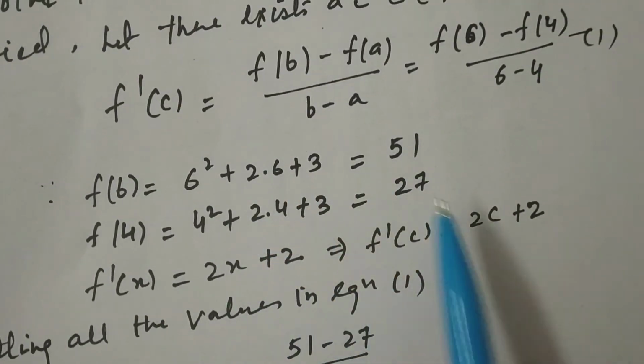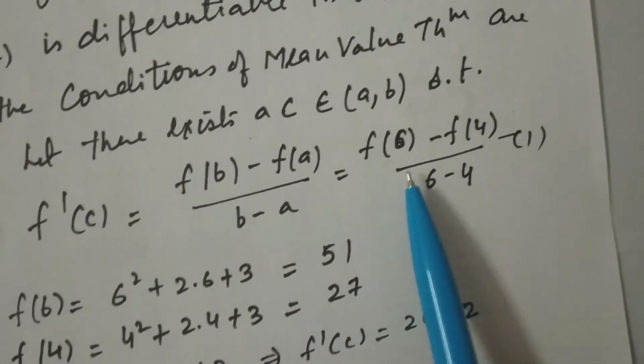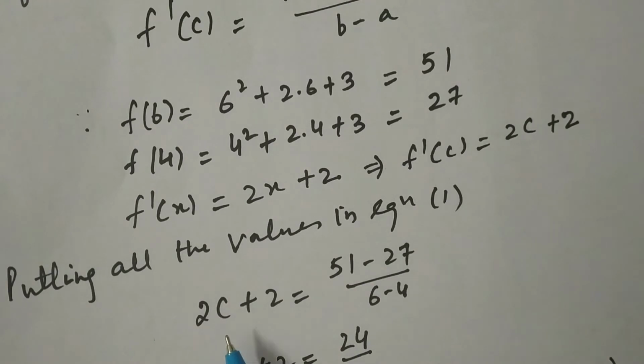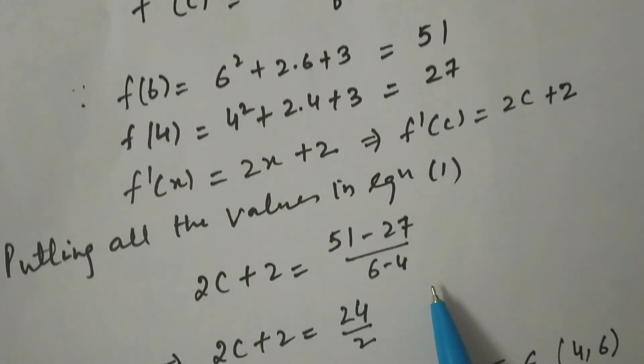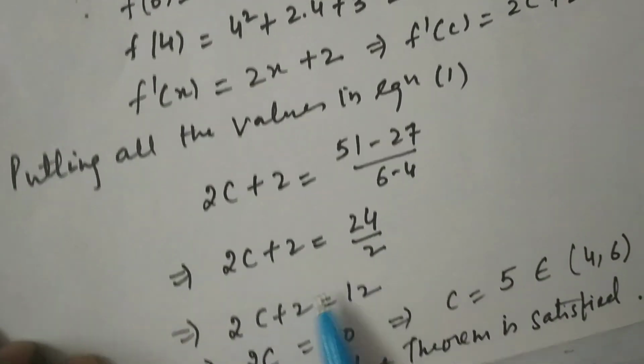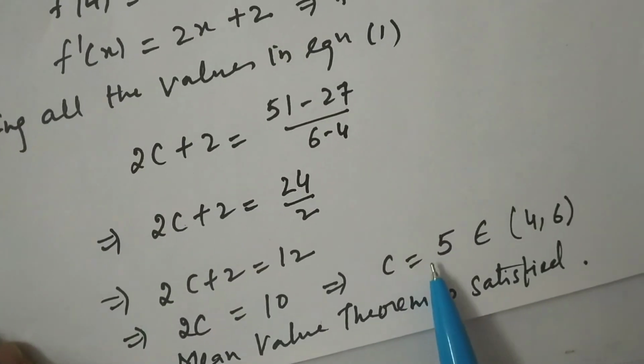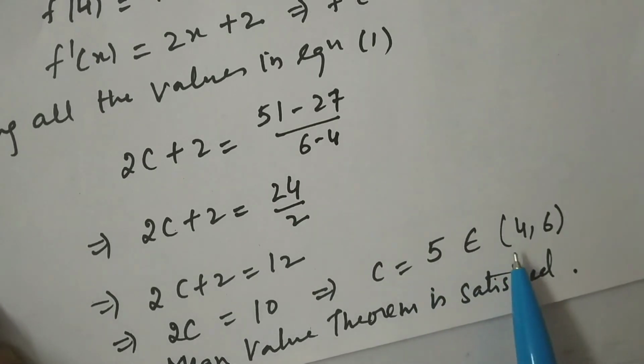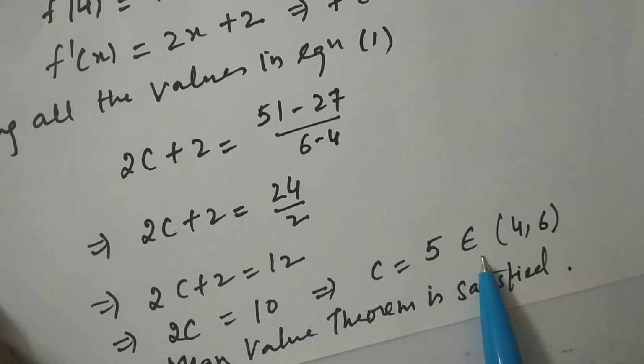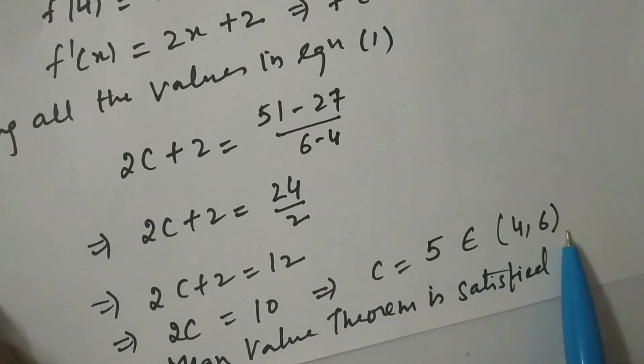Now we put all these values in the expression, so we get 2c plus 2 equals (51 minus 27) upon (6 minus 4), and solving all the way we find that c is equal to 5, which we observe belongs to the open interval (4, 6).